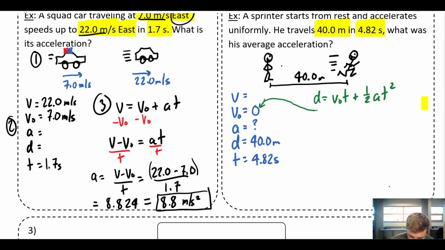If the initial velocity is 0, it doesn't matter what the time is. 0 times anything is going to be 0. And so this whole term is going to disappear. And what's nice is that this equation becomes D equals 1/2 AT squared, which is a little bit easier for me to solve algebraically.